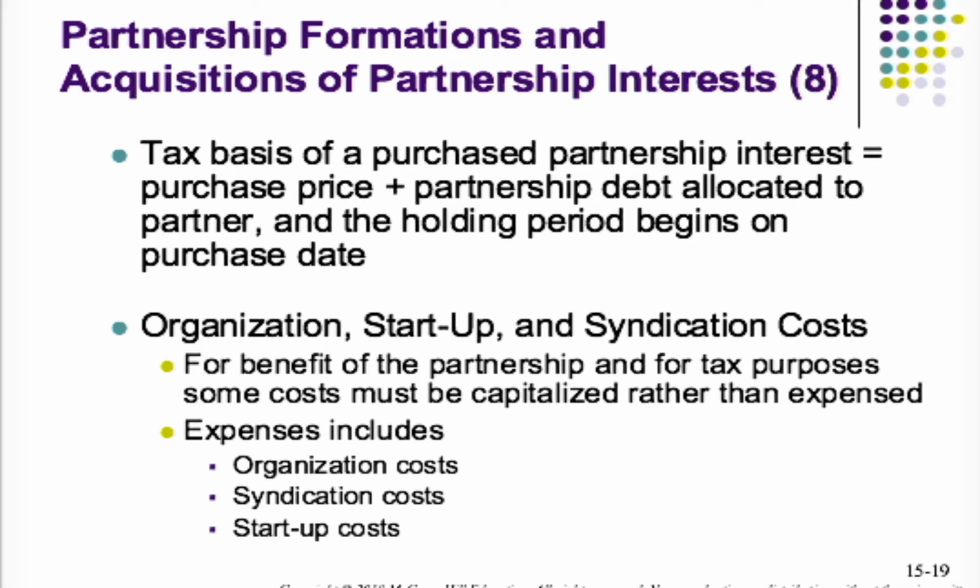If a partner is buying into a new partnership, then obviously you need to know that partner's initial tax basis in the partnership. And that would be whatever the purchase price is, plus you take the total partnership debt and allocate the appropriate portion to the partner as a new partner in the partnership.